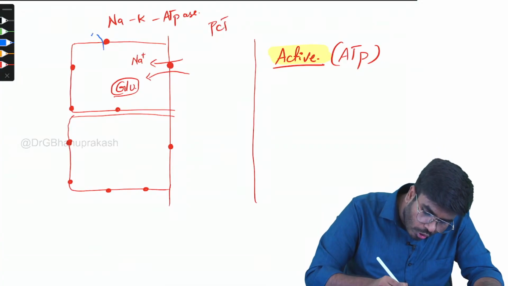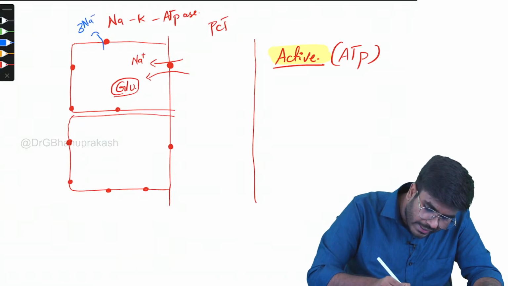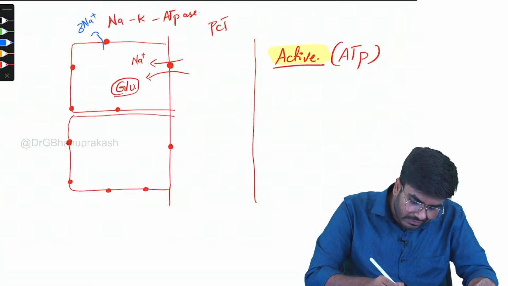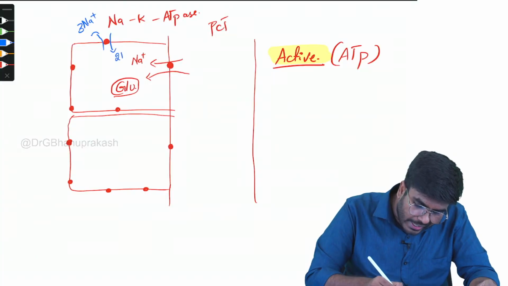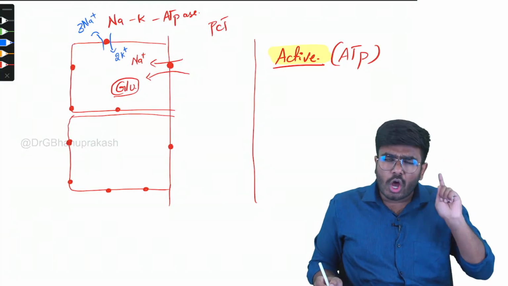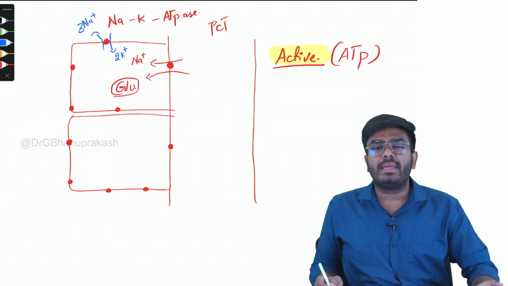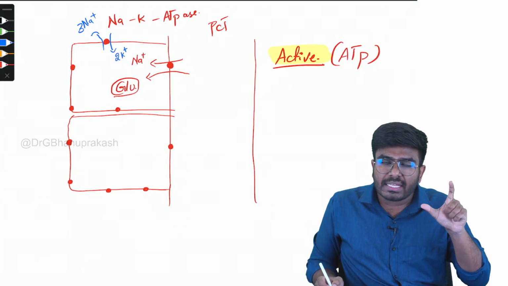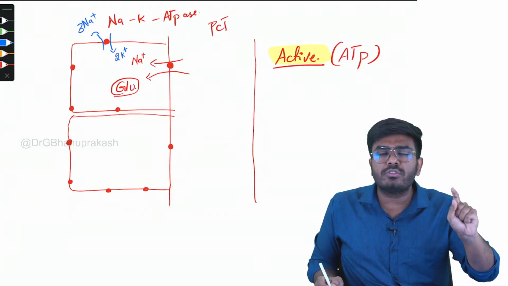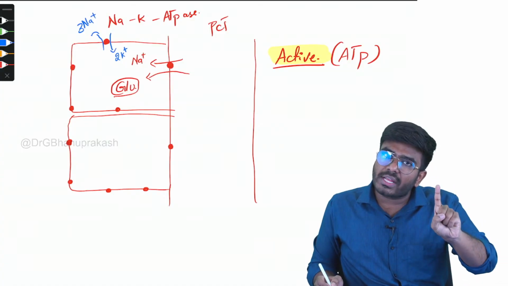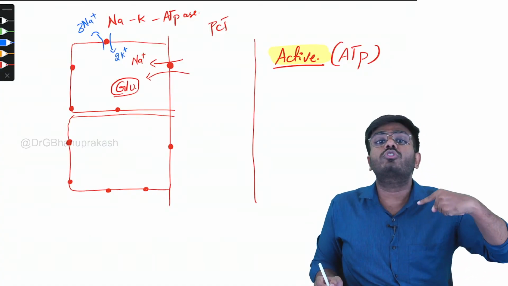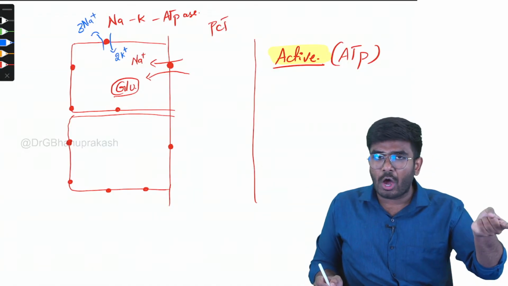It will throw 3 sodium ions out of the cell and bring 2 potassium ions into the cell, constantly, 24/7, every day. These sodium potassium ATPases are throwing the sodium out of the cell.